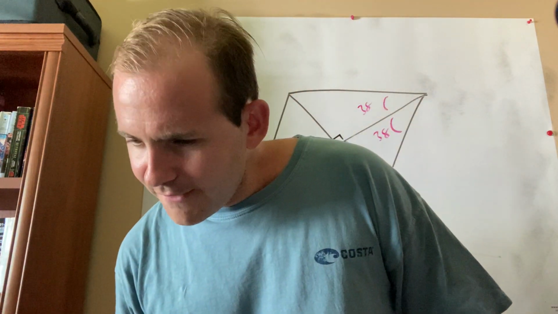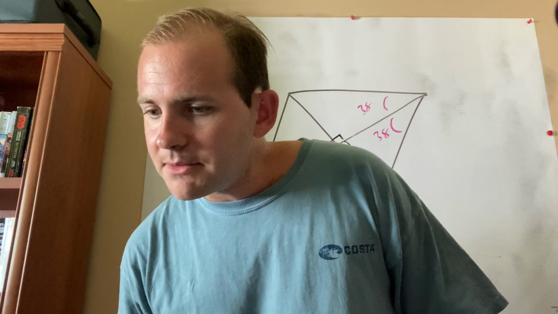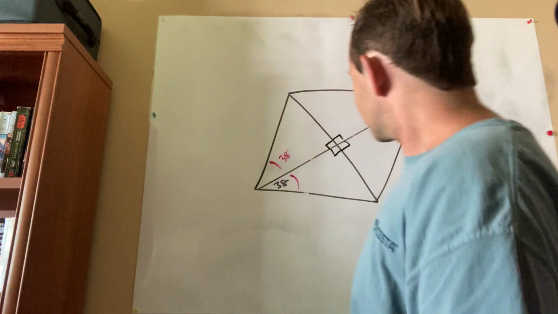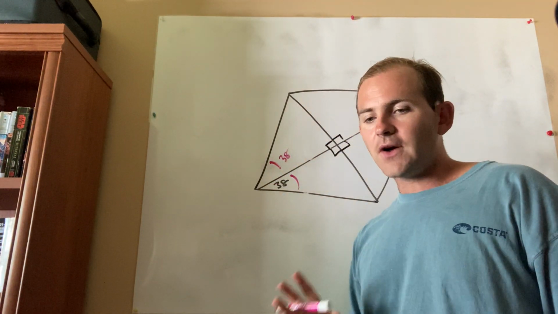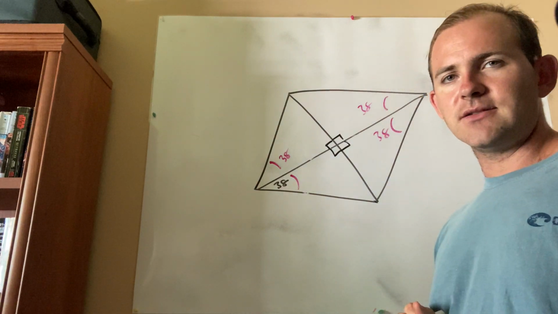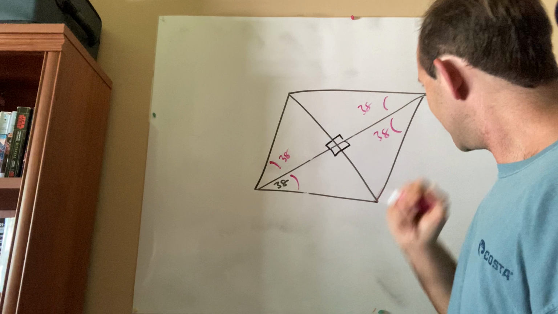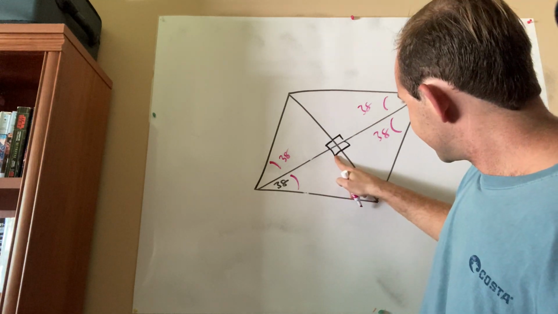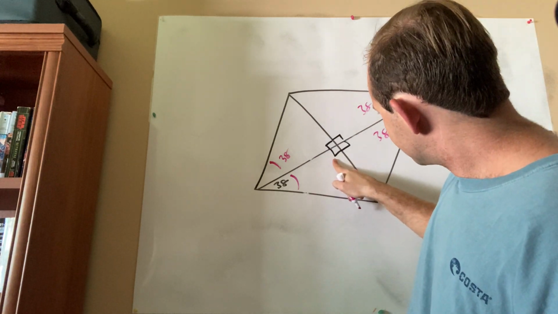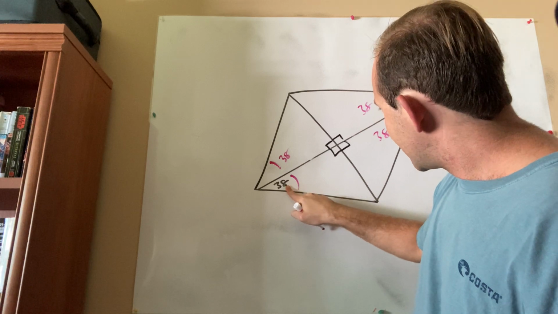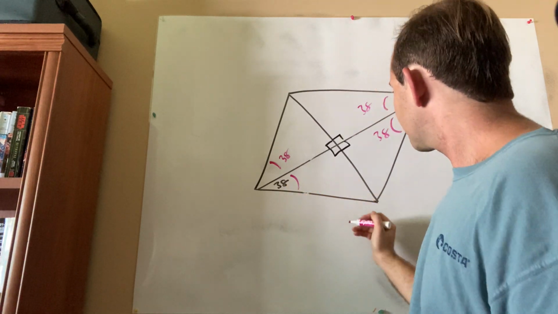Then, okay, from there, I need to remember something about triangles. How many degrees are there inside a triangle? 180, right? So I've used up 90 here. That leaves 90 degrees, right? And I've used up another 38. So how many degrees are left for over here?